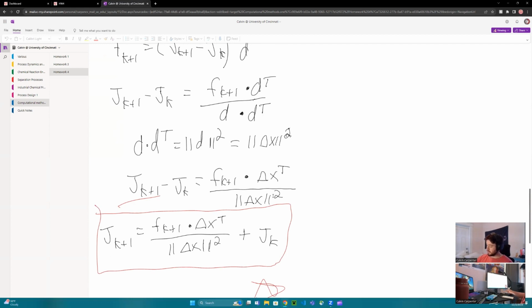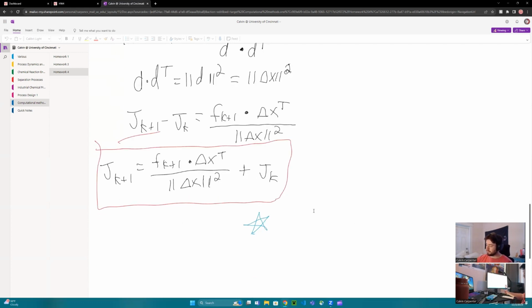That's a terrible star. This is going to be our final desired result for part A. And we'll see you in a minute for part B.